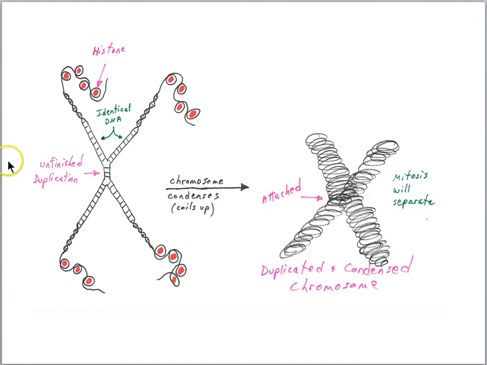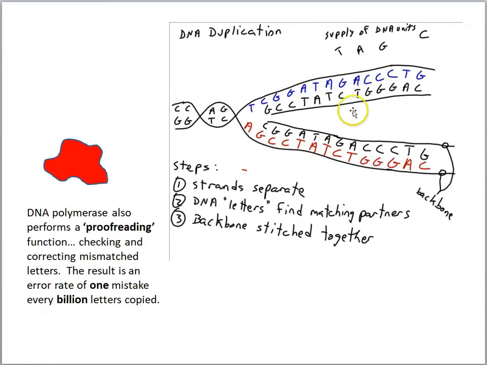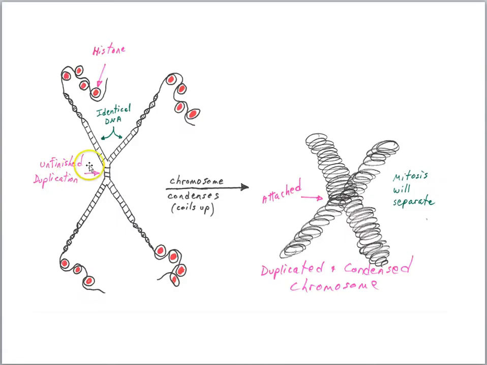In this diagram to the left here, we see a duplicated DNA molecule. However, duplication has not been fully completed. So the 2 identical DNA molecules here, so one here and one here, are still attached at this location. So the end result of DNA duplication along the length of a chromosome looks like this.